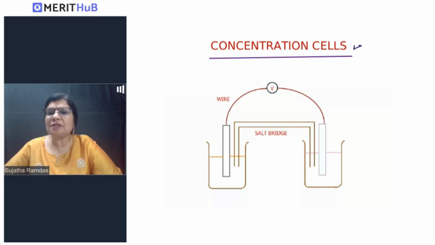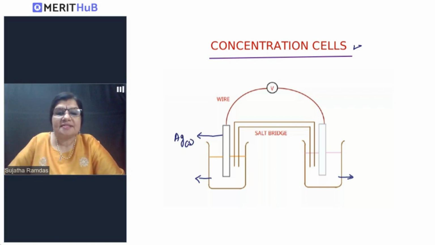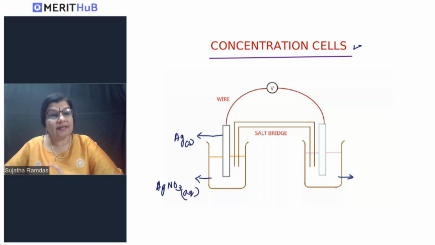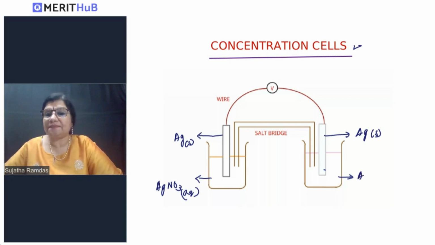Okay, a typical concentration cell is one in which both the half cells contain the same components, but the concentrations are different. Simple example, suppose you have a silver rod in silver nitrate solution. In the right hand compartment also you have a silver rod dipped in a silver nitrate aqueous solution.